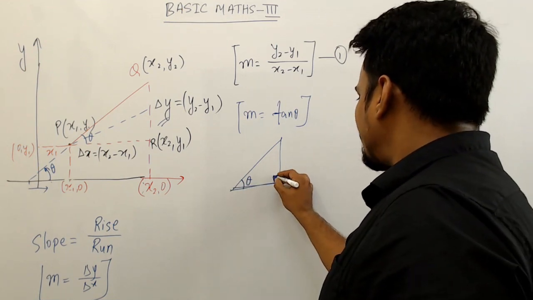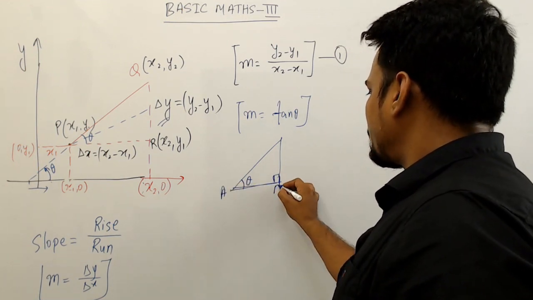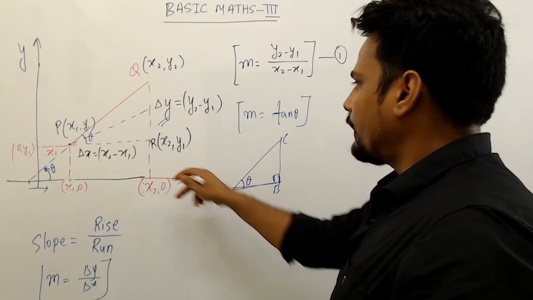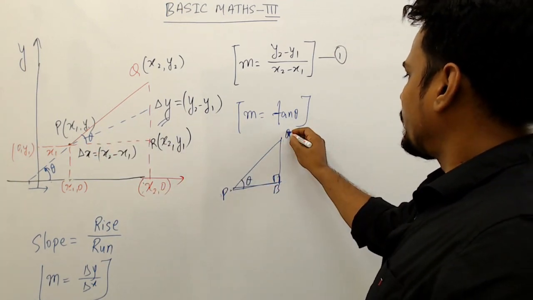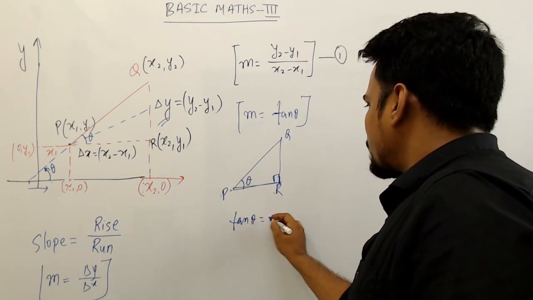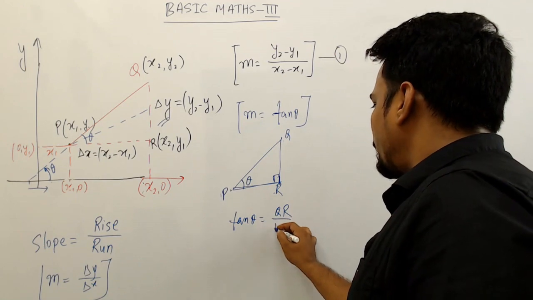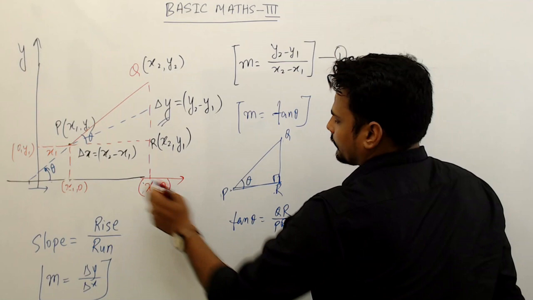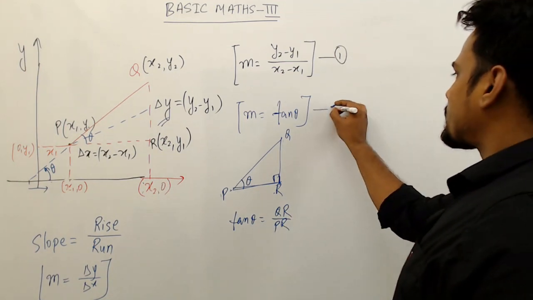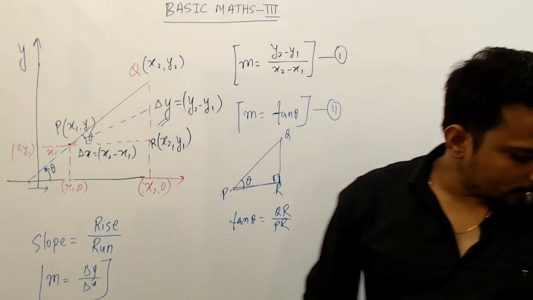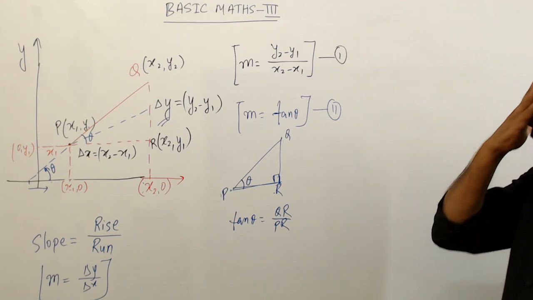Let's suppose this is the right angle, with points P, Q, and R. Then tan theta is going to be QR upon PR, same as delta y upon delta x. So the second way of finding the slope is when we know the angle of inclination of the line with the x-axis. All good? Now going further.